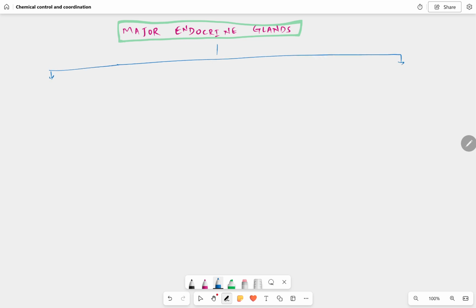So the first will be our pituitary gland. Second will be our hypothalamus. Third will be our thyroid gland. Then we'll cover the thymus gland.